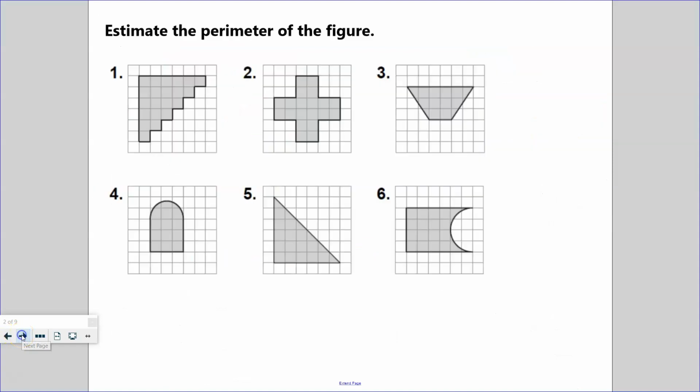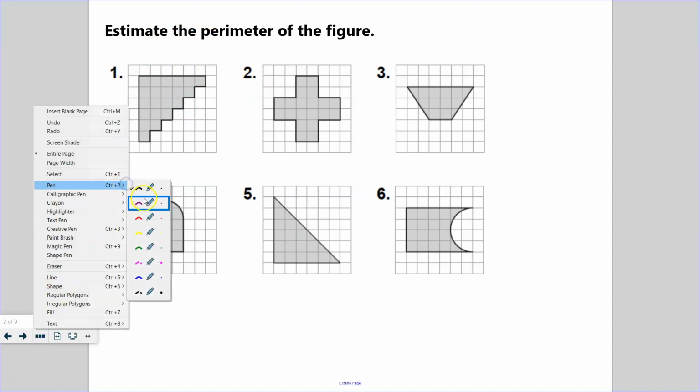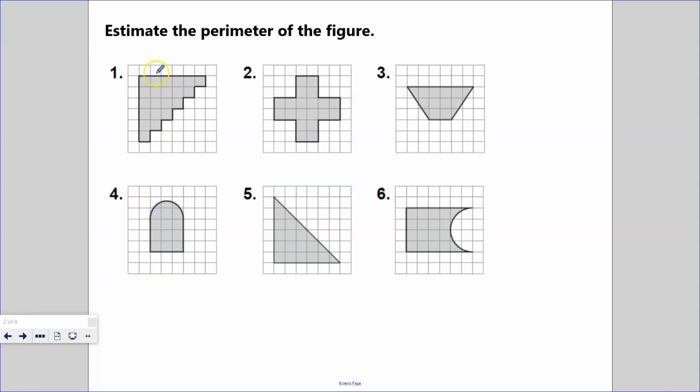So looking at that, we have a little bit more of a warm up here. We are going to estimate the perimeter of these figures, right? And so how I like to do that is simply just by going through and writing down. So this is 1, 2, 3, 4, 5, 6, 6. This is 1, right?